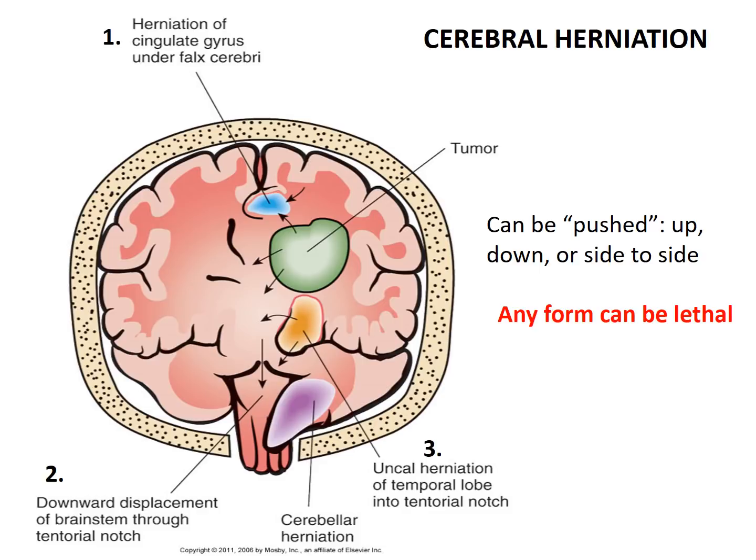Look at number 2 here. If the brain starts to herniate downward, one thing that can happen is the cerebellum starts to impinge on the brainstem, and the cerebellum starts to push downward the brainstem and itself, the cerebellum, into the foramen magnum. And as the brainstem controls vital functions such as heart rate, blood pressure, and respiratory rate, you can see why that can be lethal.